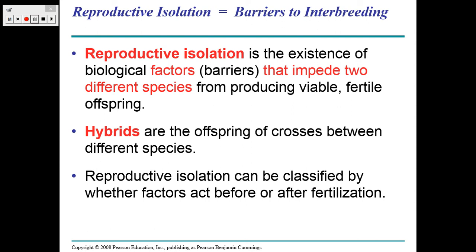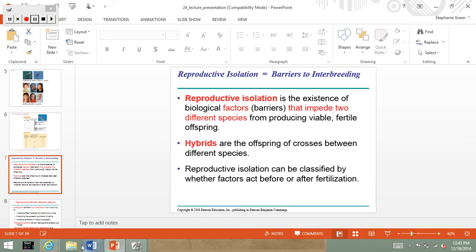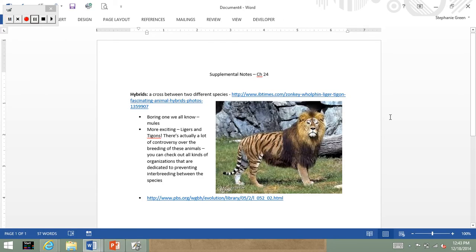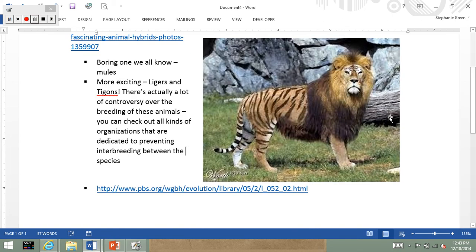Now, we all know that there are hybrids, and you are probably very familiar with them. Hybrids are the offspring of a cross between two different species. An example we all probably know about is mules, the offspring of horses and donkeys, but the more exciting ones are the ligers and the tigons.